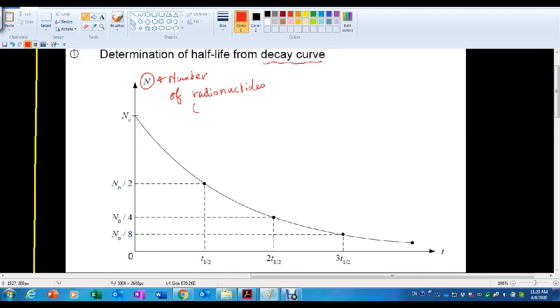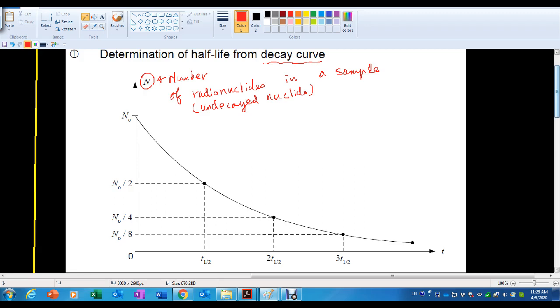Radionuclide just means undecayed nuclide, in a particular sample. That number is going to drop over time.